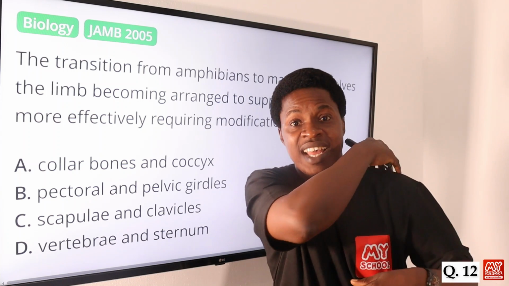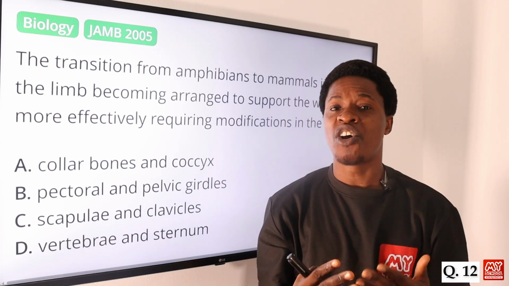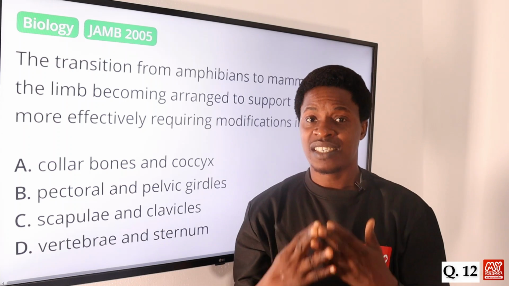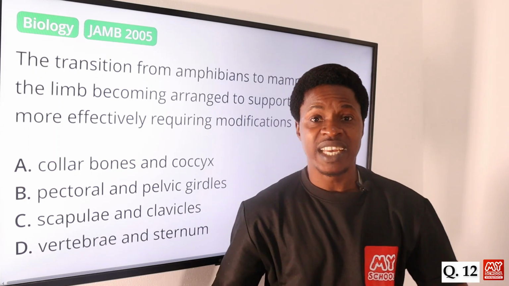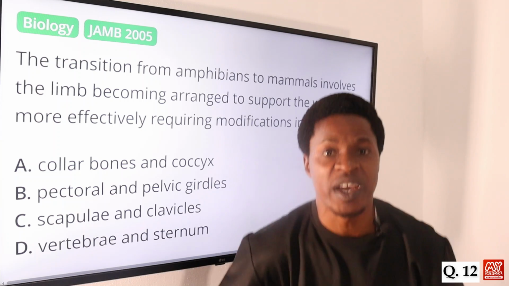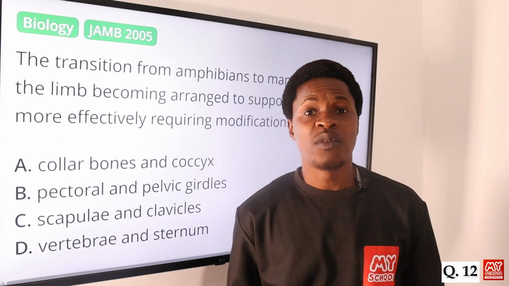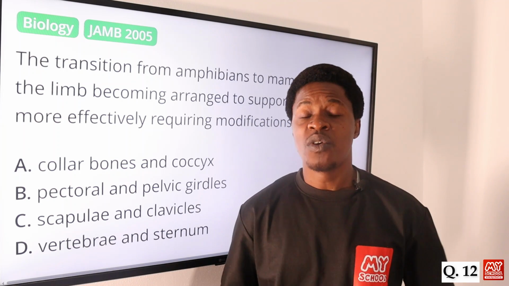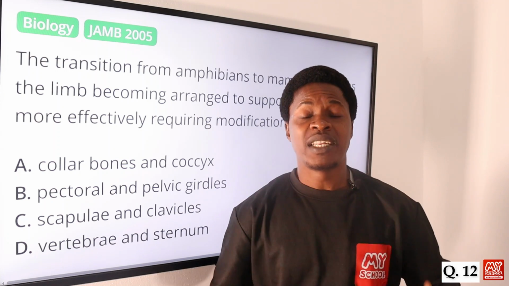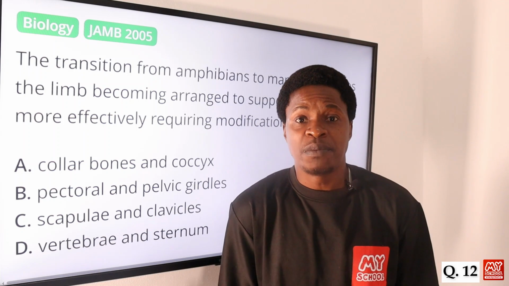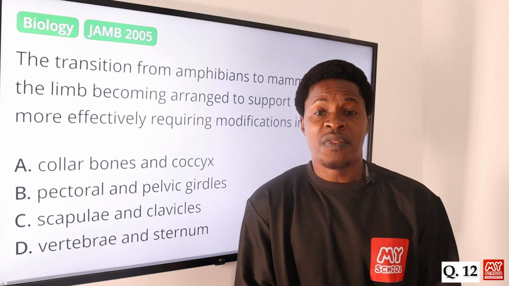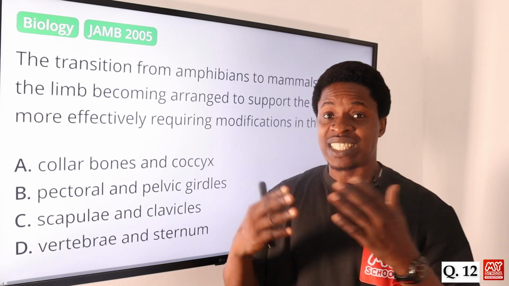So that actually makes up what we call the pectoral girdle. And then the one at this point that carries the weight of the entire body of the organism is what we call the pelvic girdle, that helps to carry the entire weight of the organism.